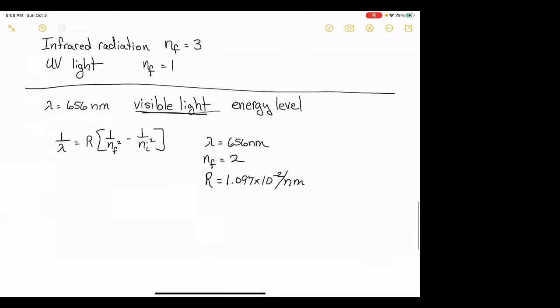Because I gave you R in nanometers, it's okay to leave your wavelength in nanometers. So 1 over 656 nanometers will equal 1.097 times 10 to the minus 2 per nanometer times 1 over 2 squared minus 1 over n sub i squared. And ultimately, we're solving for n sub i.